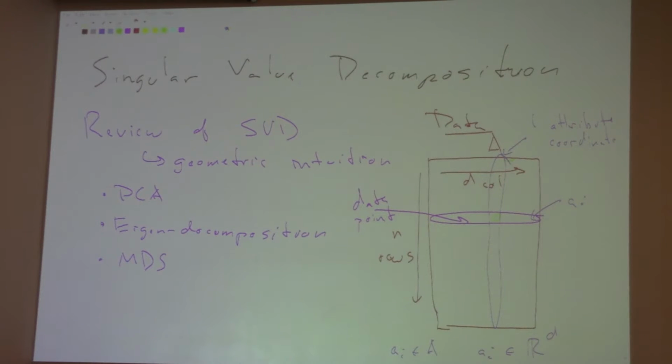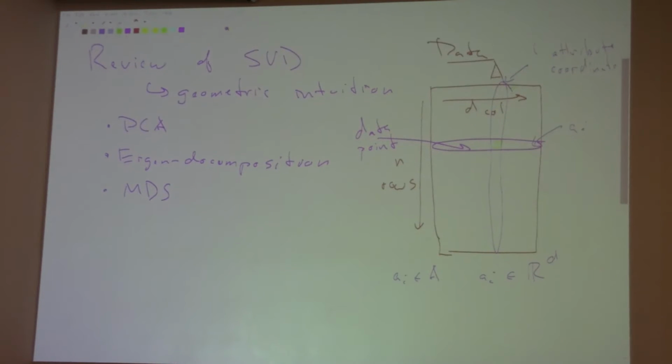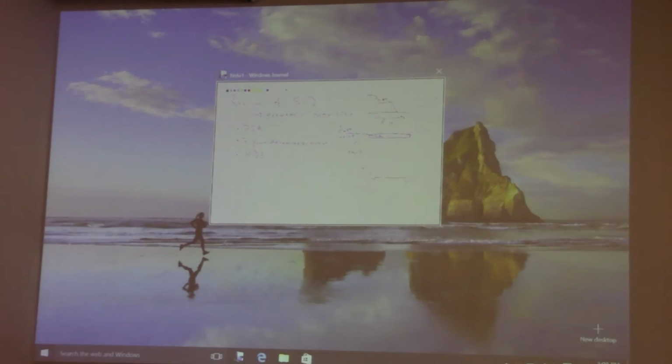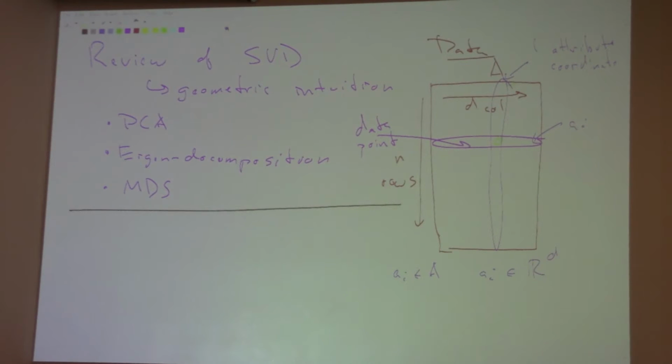More specifically, the ultimate goal is to find a mapping from R^D to R^K, and this mapping is going to be this mu mapping. I'm going to think of this R^K as lying in a subspace of R^D.